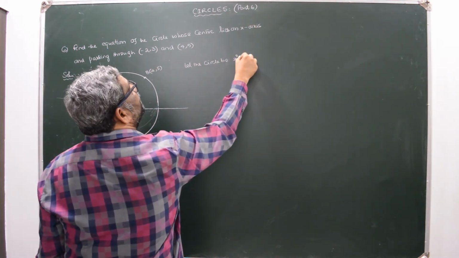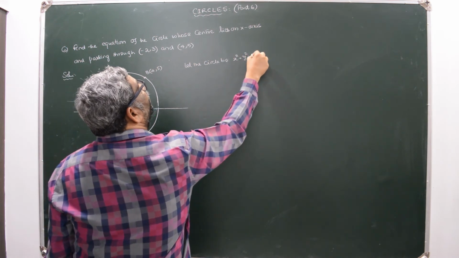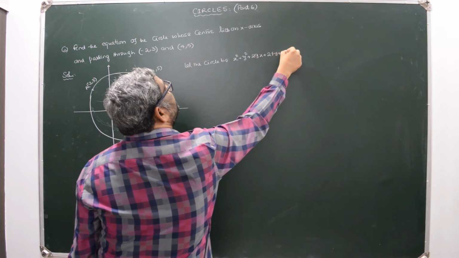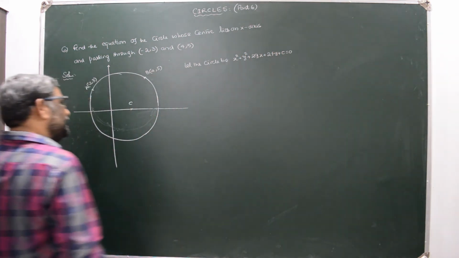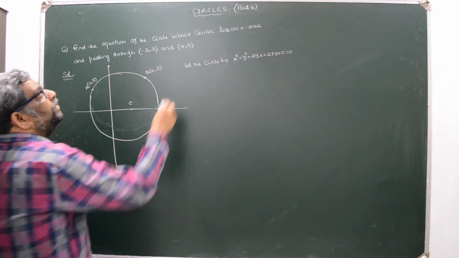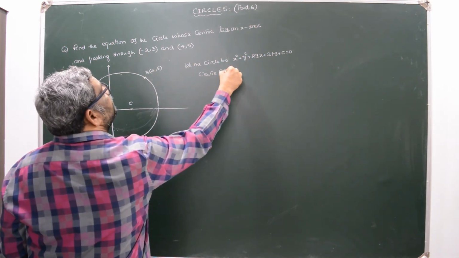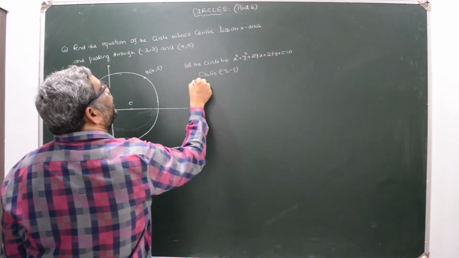x square plus y square plus 2gx plus 2fy plus c equal to 0. Like this you can find out. Now the center is minus g comma minus f.